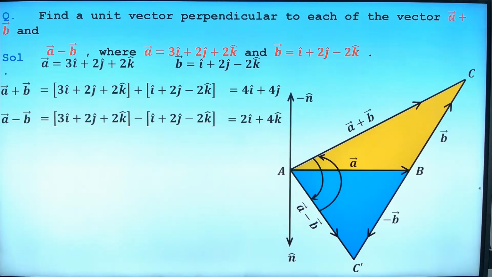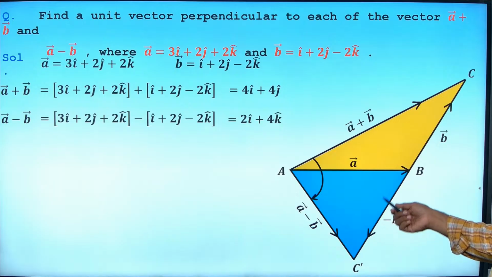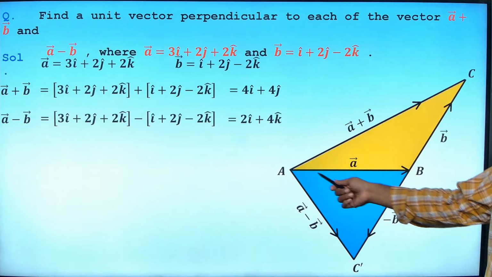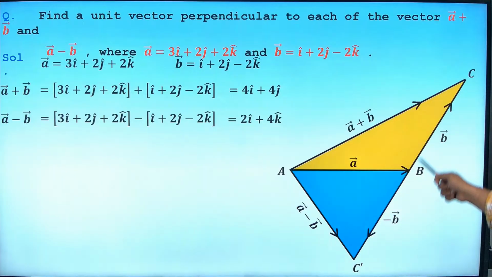I want a vector which is perpendicular to A plus B. I want the unit vector which is perpendicular to both A plus B and A minus B. I want one vector which is perpendicular to both. Okay? So what do I do? This is just vector representation. If I have A vector and B vector, okay, let's start with the diagram first.